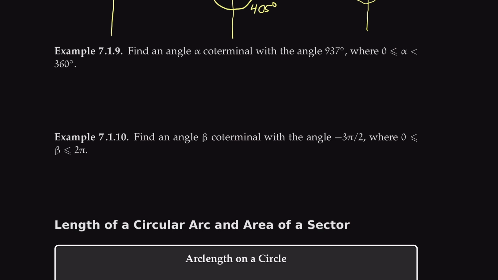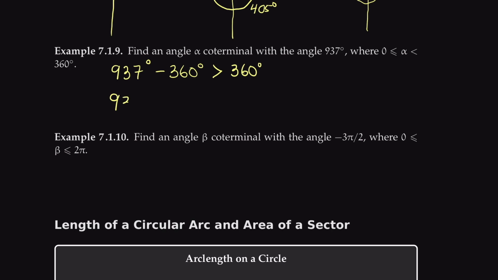So one of the things that you could do is take 937 degrees and say, okay, that's larger than 360, so I could subtract 360 degrees from that, right? Now, when you do that, you're still going to get a number that is larger than 360 degrees.